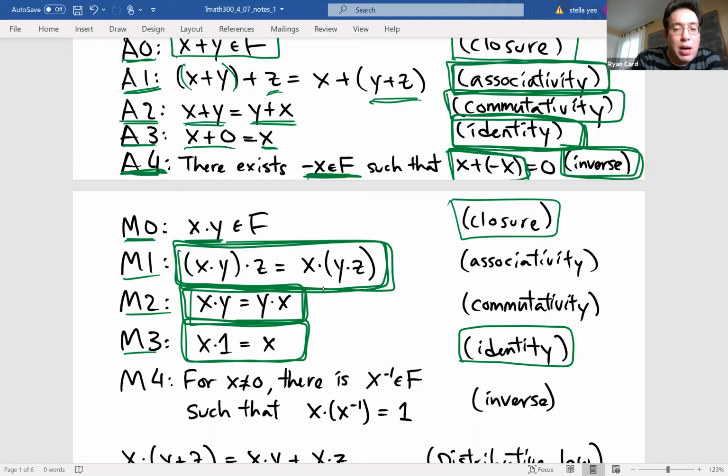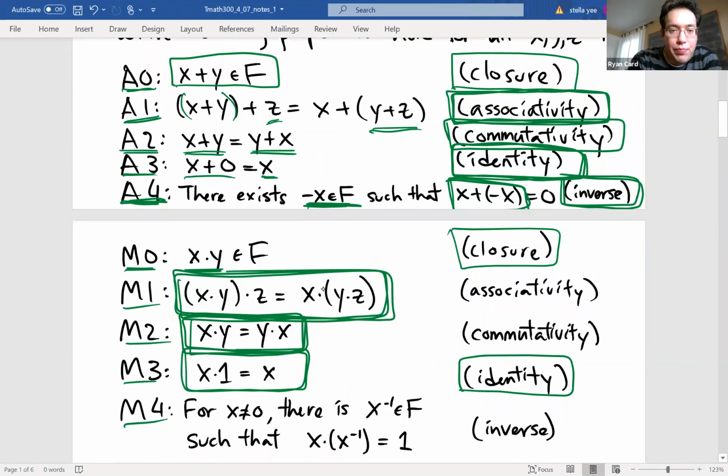And finally, very similar to the additive axiom, but you have to exclude the 0. So as long as you have any non-zero element, there's x to the minus 1, or just a multiplicative inverse of x, such that if you multiply by it, you're going to get 1, the multiplicative identity.